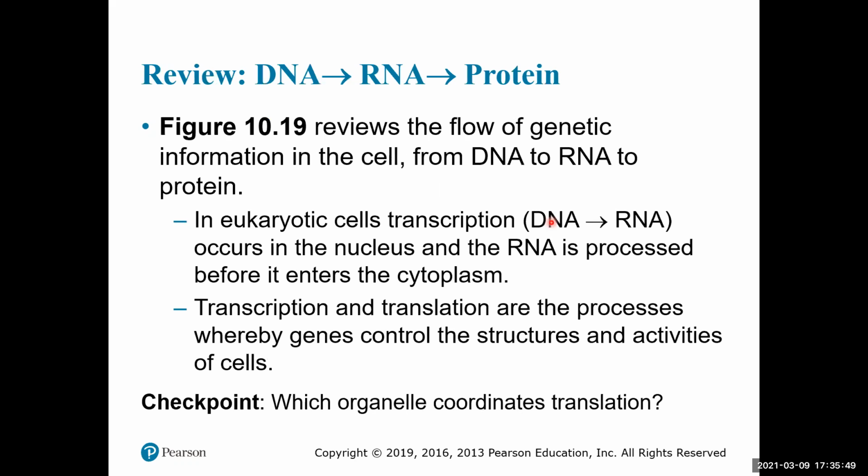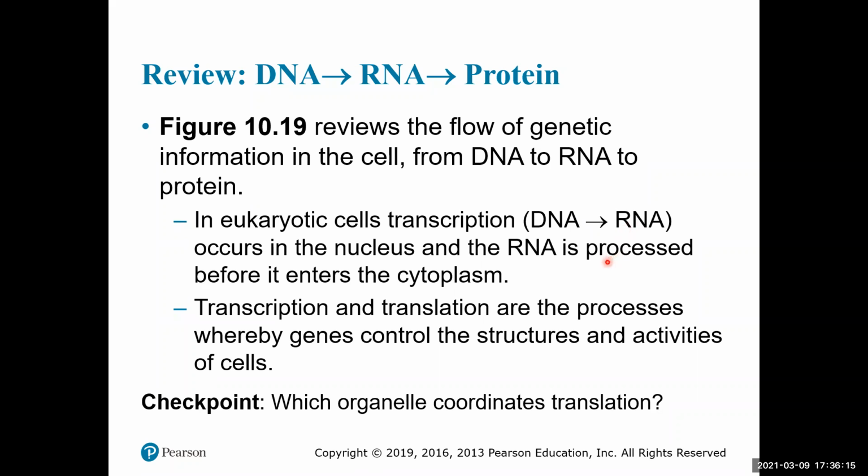Okay. And so just to review this transcription translation process, going from DNA to a protein, right? We have a figure showing that in the next slide. For eukaryotic cells, DNA to RNA, and then that RNA is modified into messenger RNA.